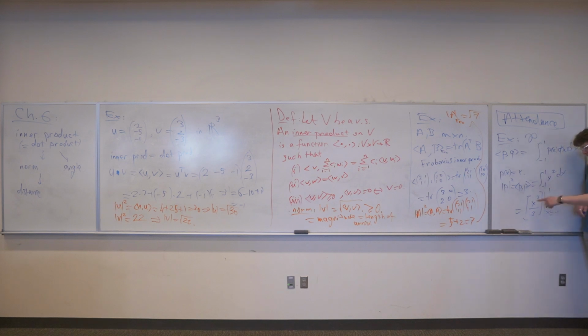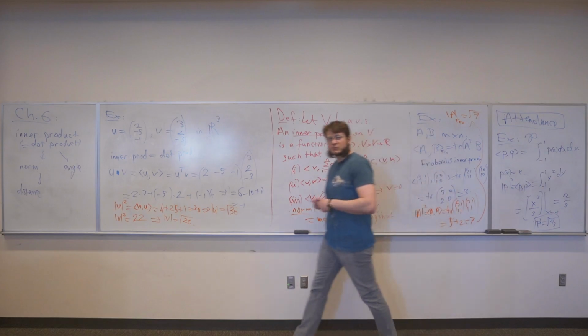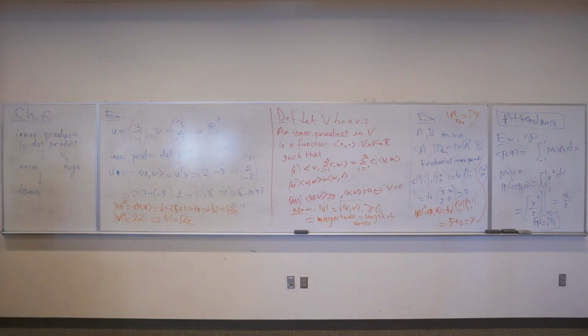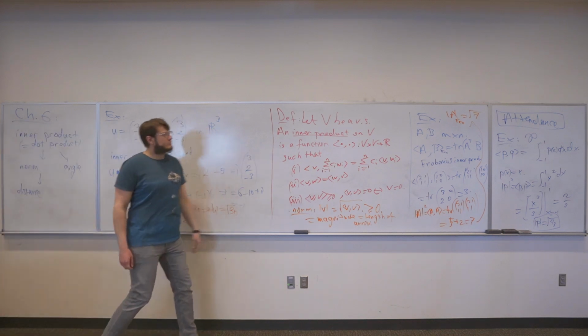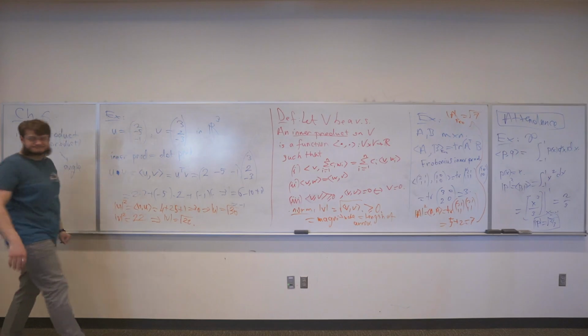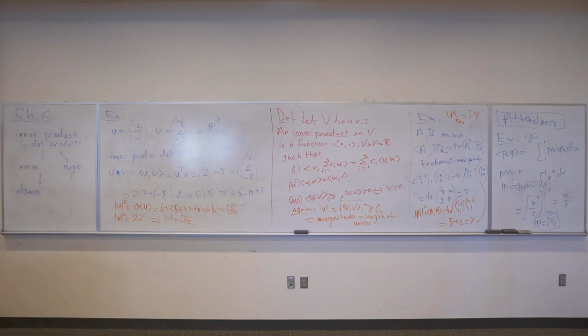And so this is double 1 over 3. This is 2 over 3, which means that the norm of x is the square root of 2 over 3. So you can do these calculations. Like I said, this last one needs that you know how to integrate things like this, fundamental theorem of calculus, all that stuff. So don't worry too much about that final example, but certainly these two examples you should be familiar with, and especially this example. Okay? Comments, questions?